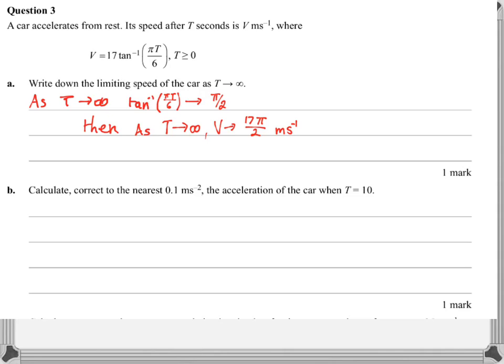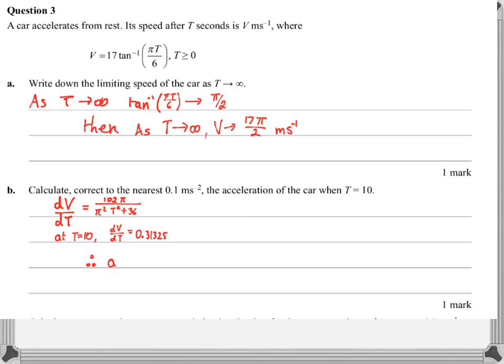Part B: calculate, correct to the nearest 0.1 meters per second squared, the acceleration of the car when t equals 10. First let's find the acceleration. Acceleration is dv/dt. Do that in the CAS and we'll get this expression. We record what we obtained on the CAS, then at t equals 10 we substitute into our expression for acceleration.